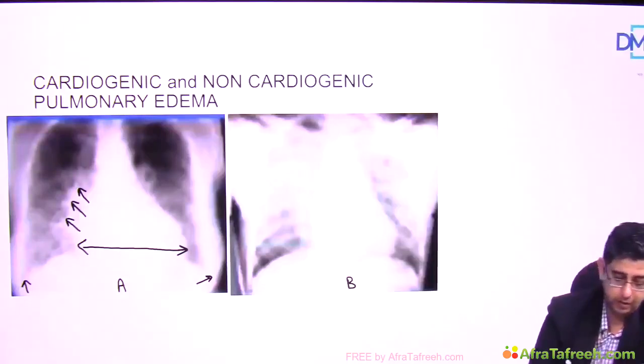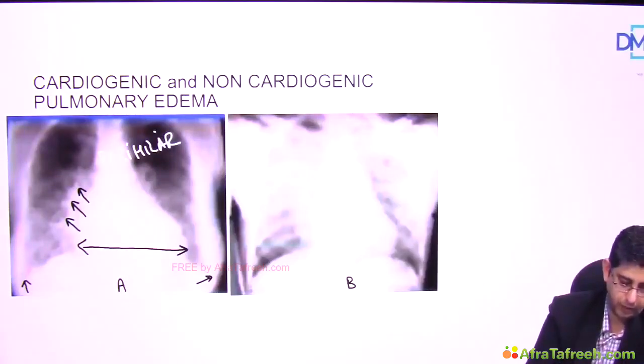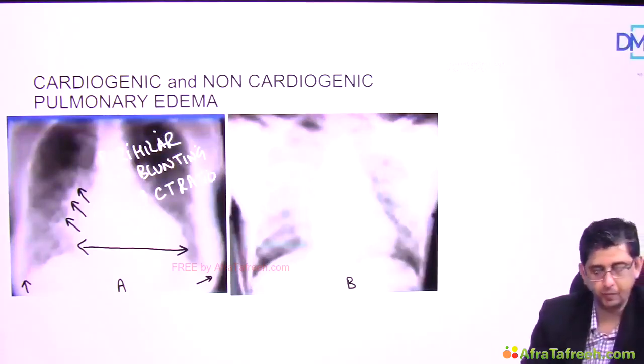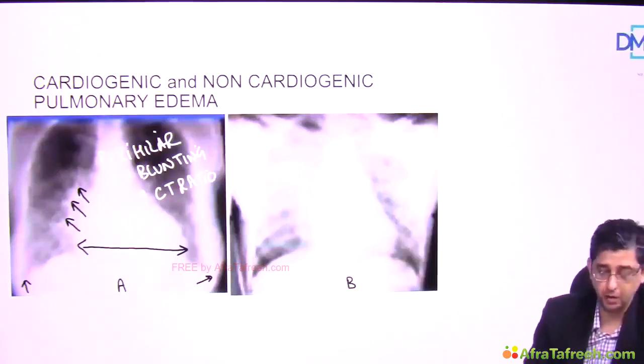Considering the perihilar infiltrates, the pleural effusion, and a relatively increased heart size, we will say that this would be cardiogenic pulmonary edema. A would be called cardiogenic.